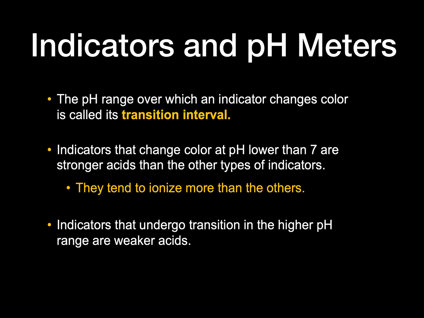Indicators that change color at pH lower than 7 are stronger acids than those other types of indicators. They tend to ionize more than others.